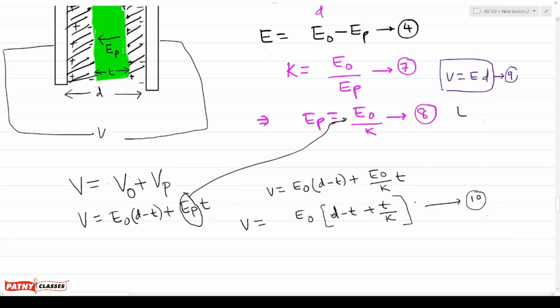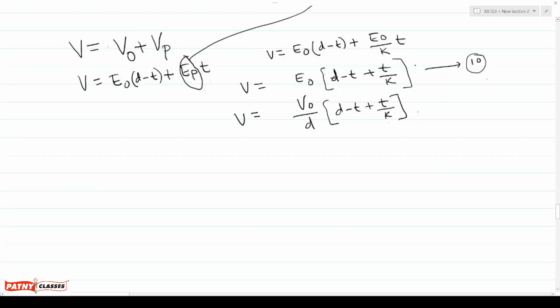But E naught equals V naught upon D. Therefore, V equals V naught upon D into D minus T plus T upon K. Call it equation 11.